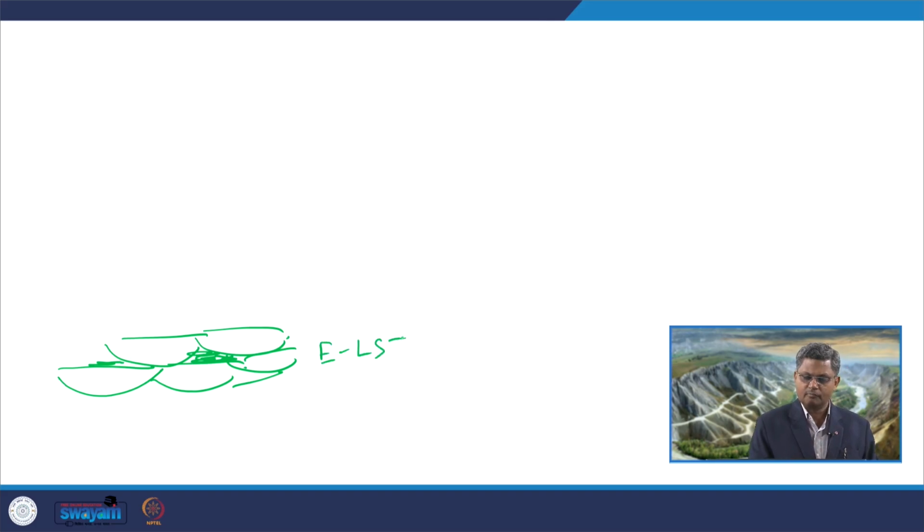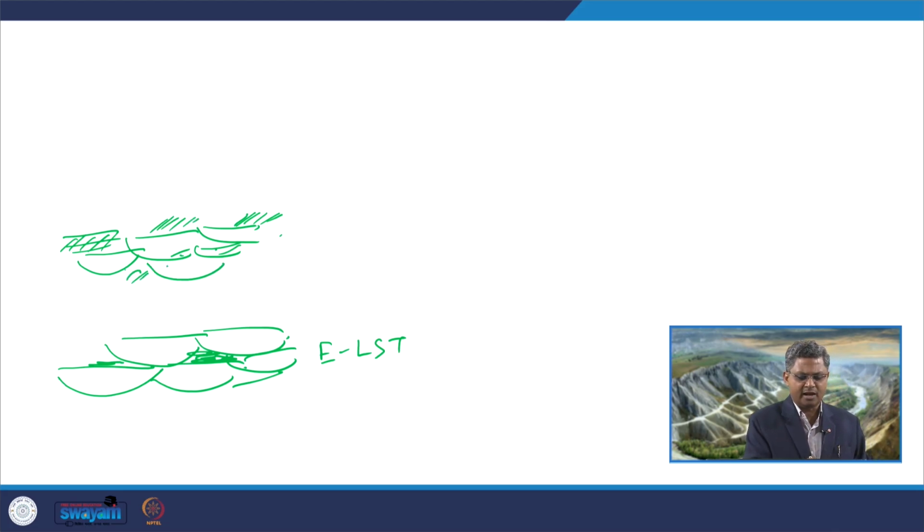During the late LST, we have seen again some frequent channel amalgamation going on, but these are associated with relatively thicker, more abundant overbank deposits, but still the channel amalgamation is significant enough. Channel fill amalgamation is quite abundant.